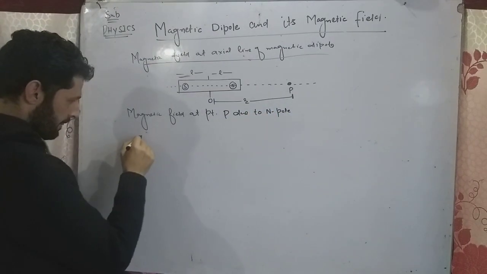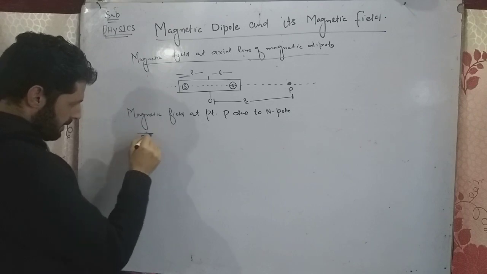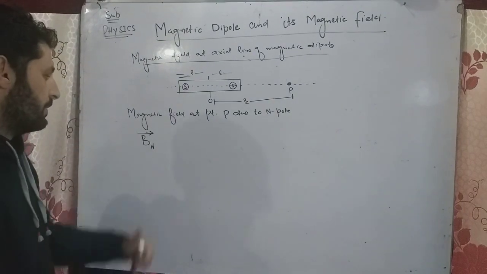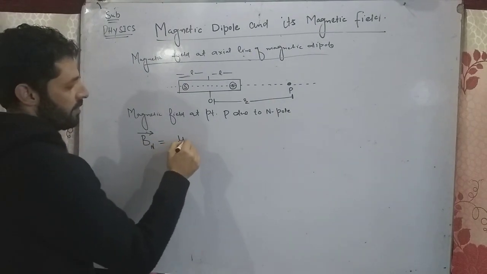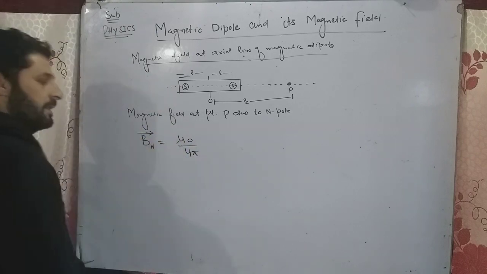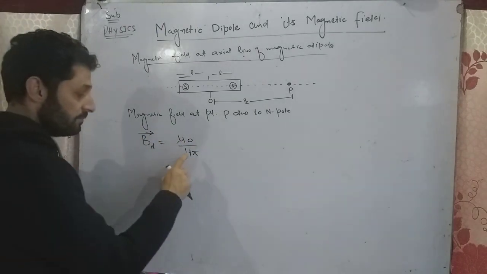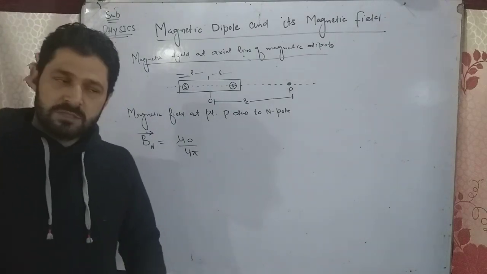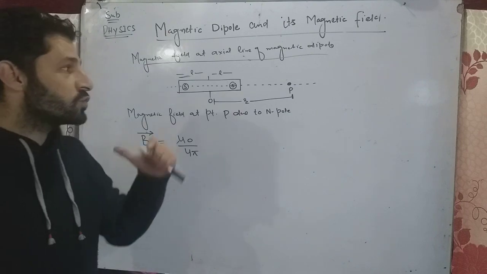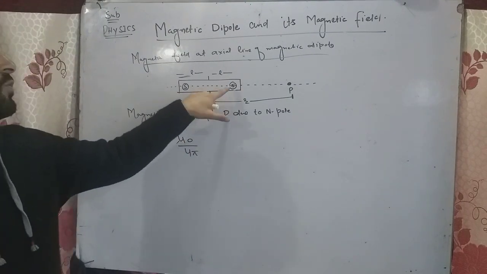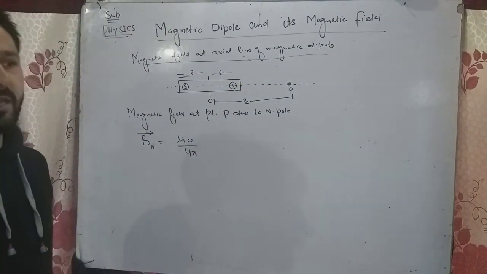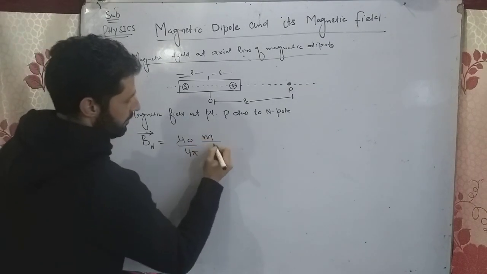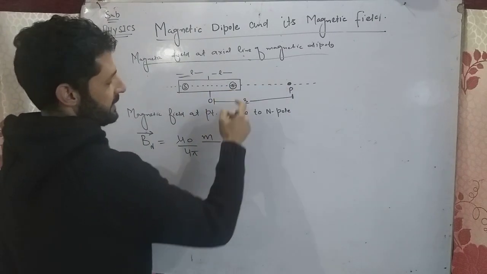That will be Bn, that is mu 0 by 4 pi. The field depends upon the source, here the source is the pole. For now we talk about the north pole, with north pole strength mn, but we take mn is equal to ms, so we take m, divided by the distance between the north pole and P, that's NP square.